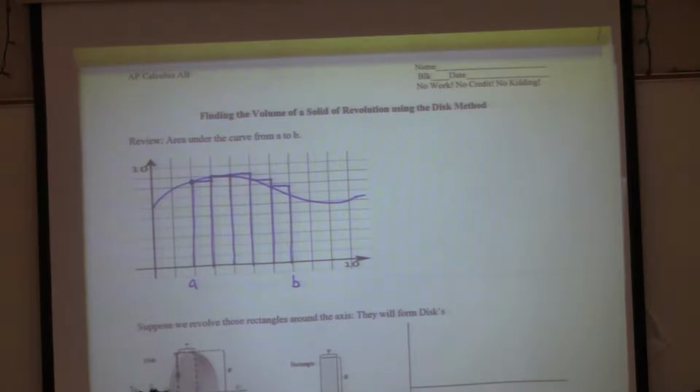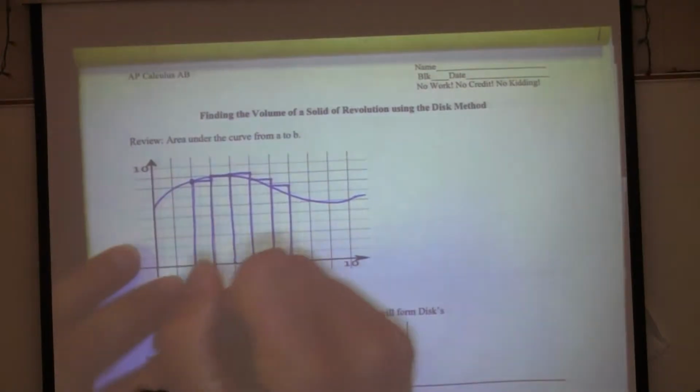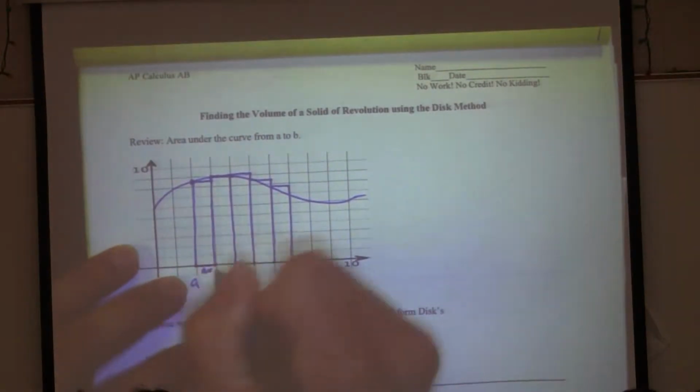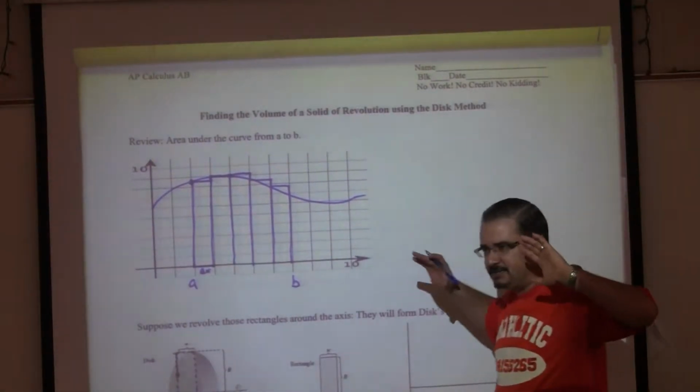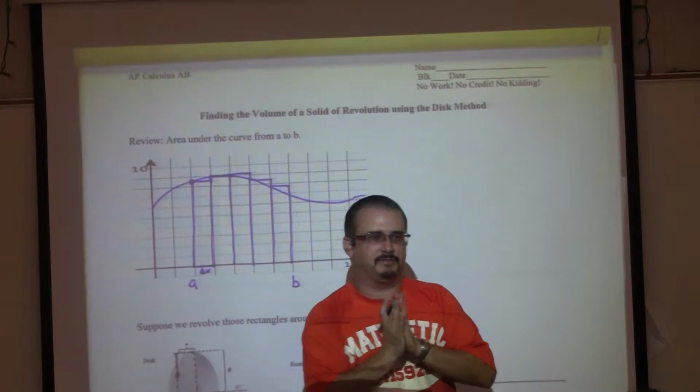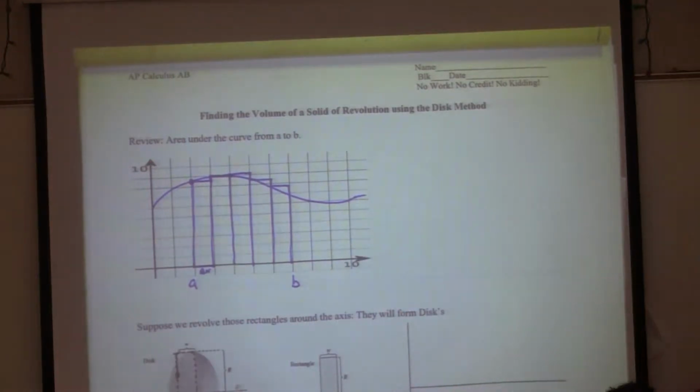And in order to do that, I have to make this delta x down here become what? Some number very, very close to what? To 0, so I have an infinite number of rectangles in there, and when I do that, I have the exact area under the curve, right? So in order to do that, we had to add what to the summation notation that we had?